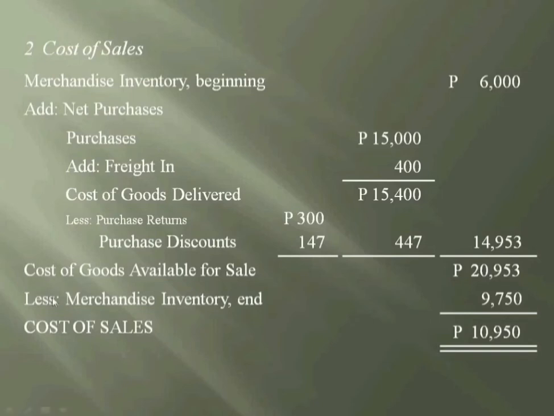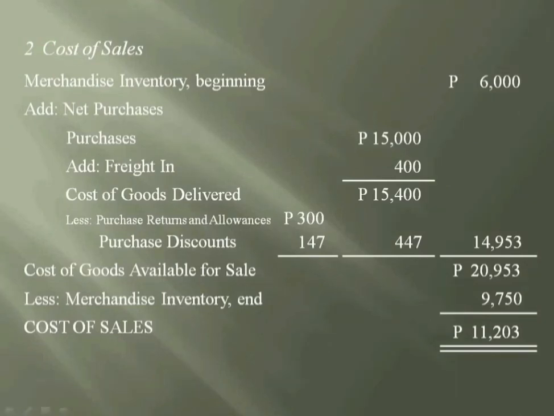Then, less merchandise inventory at the end of 9,750 equals 11,203 pesos cost of goods sold or cost of sales. Since purchase allowances are normally included with purchase returns in one account name, let's add and allowances here.